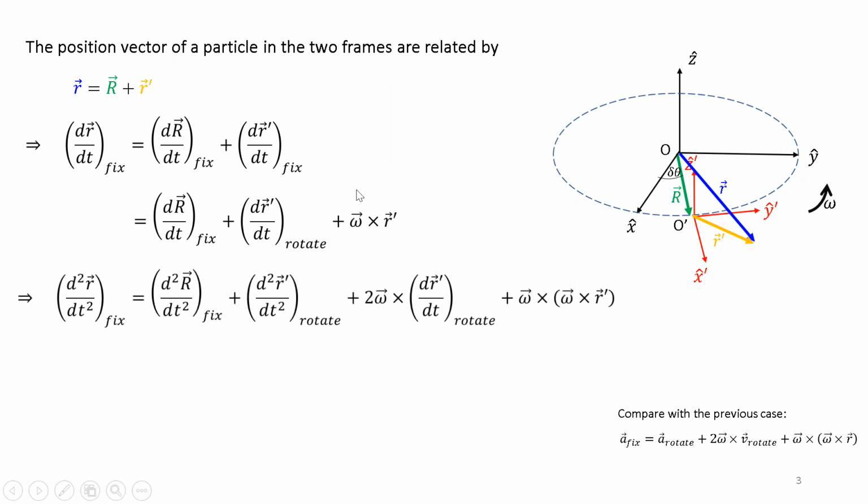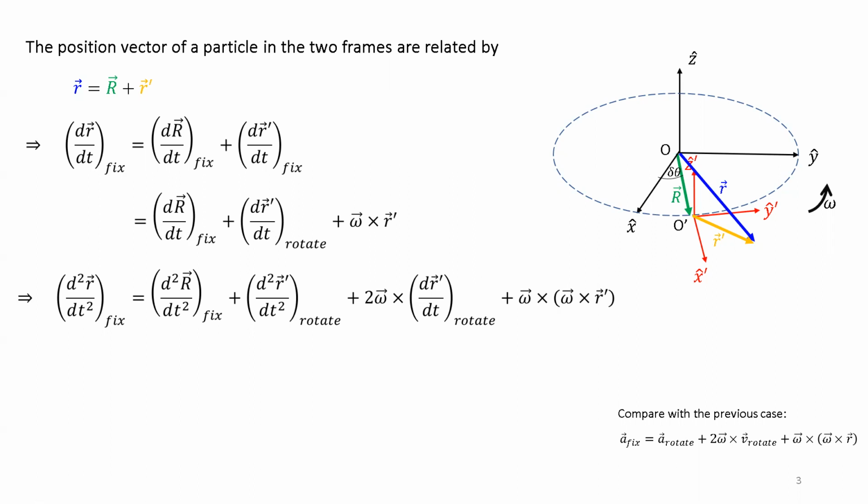Next, acceleration, so second derivatives. I really just have the same trick here. Remember that these last three terms are exactly the same as what we had in the previous part of the chapter.